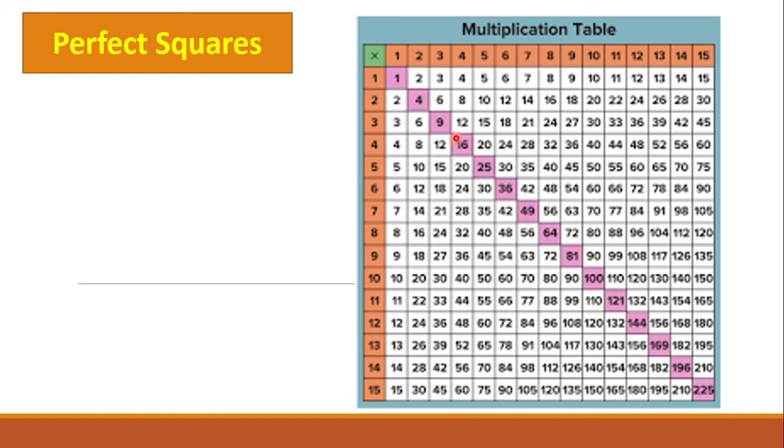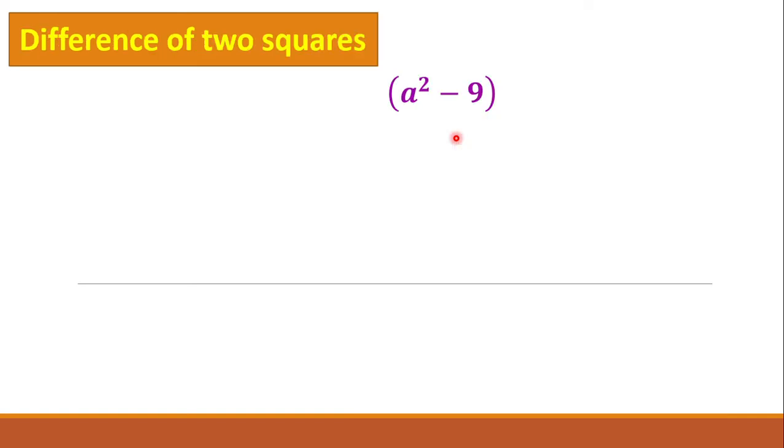So, check natin mga examples natin. For example, we have a squared minus 9. So, alam natin, this is a difference of two squares. Ayan, di ba? This is a perfect square. So, ito yung ating unang gagawin.